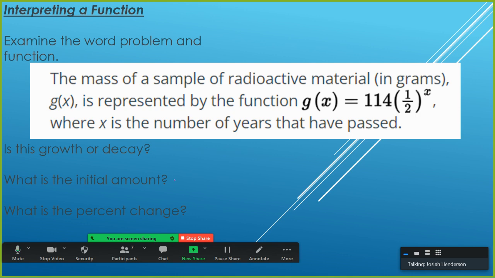So a couple questions below. Are we looking at growth or decay? How do we know? In the parentheses, we have this, 1/2.